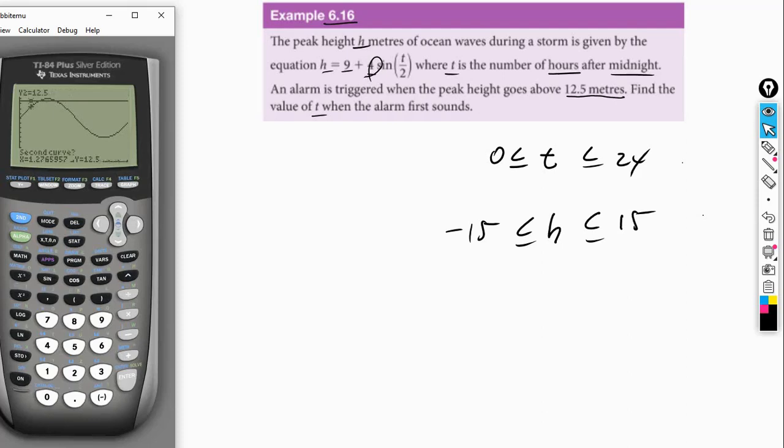And the second curve, it immediately jumps to the other curve and say yes. And then guess, and there it is. Notice that it happens at x equals 2.13. So that's when the alarm would be triggered the first time. So we would say to answer this, t equals 2.13 hours.